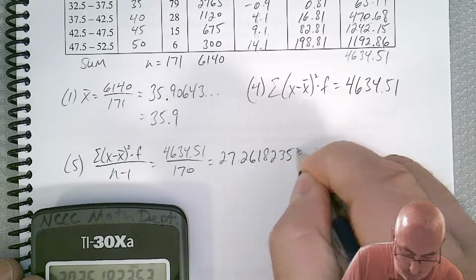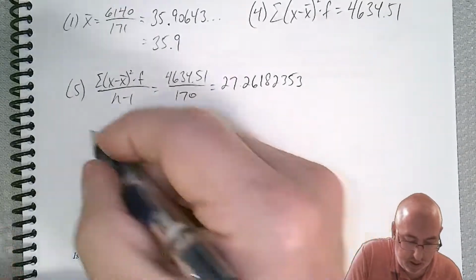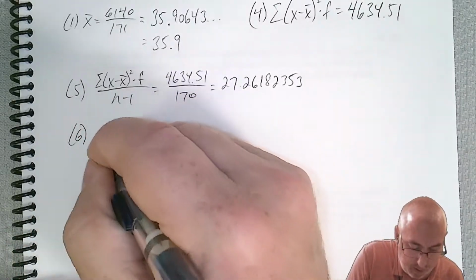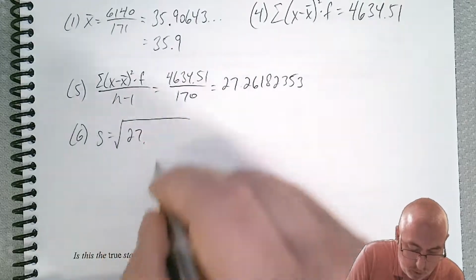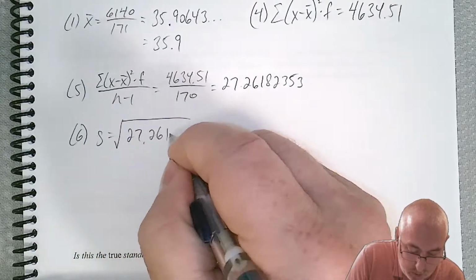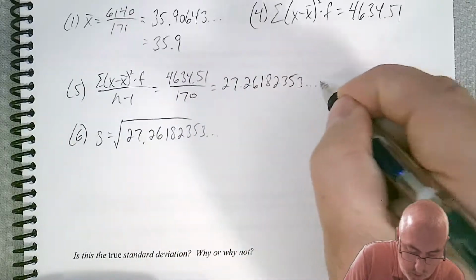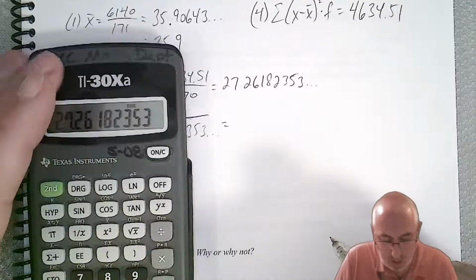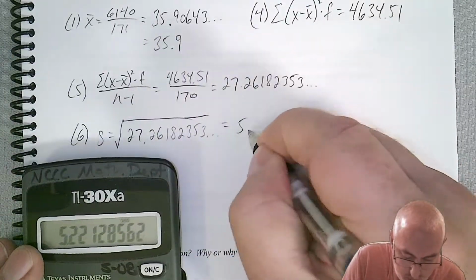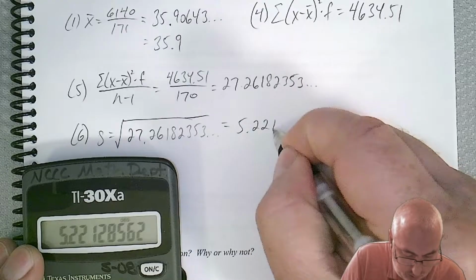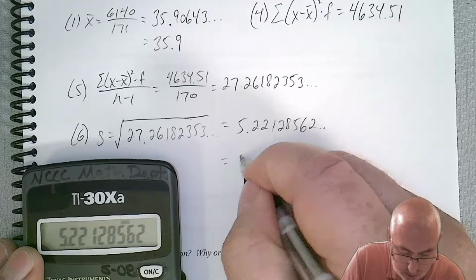1823. And then last but not least, step 6. Square root, 5.2128562 and change.